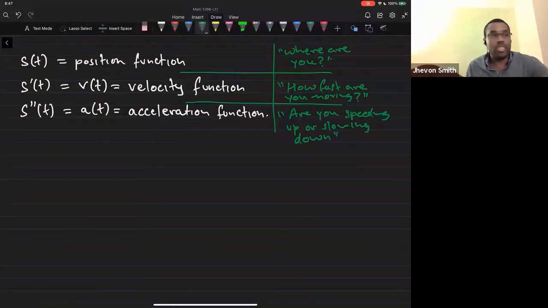In a lot of physics classes, the third derivative is also going to be important. The first derivative is called velocity. The second derivative is called acceleration. The third derivative is called jerk. So if someone calls you a third derivative, now you know what they're actually saying.